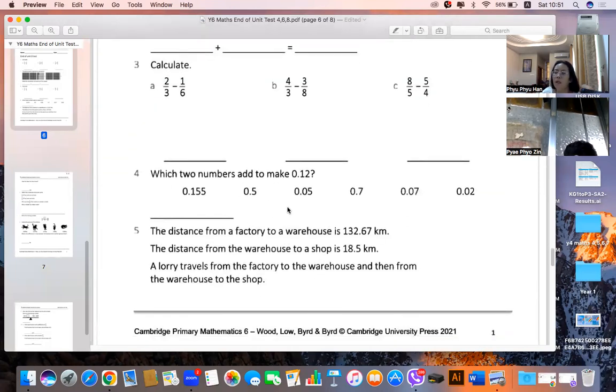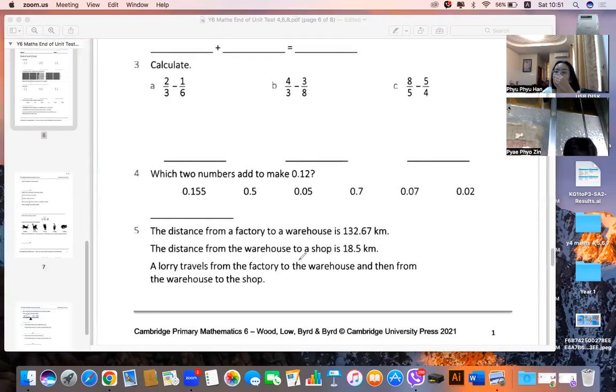Now you need to know, when you add decimals, what numbers you will get. For example, if you want to get 0.12, you need to add 0.07 and 0.05, not these two, which would get 1.2. You have to add these two. So you need to know this.